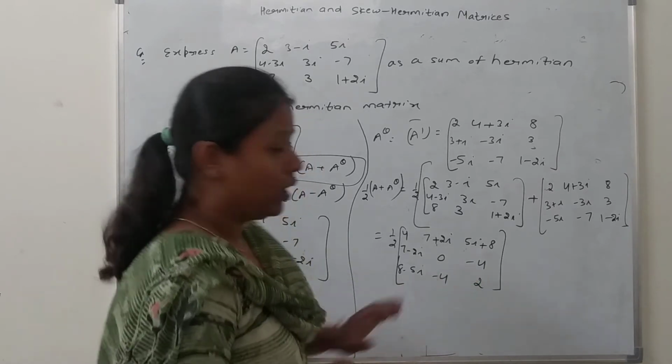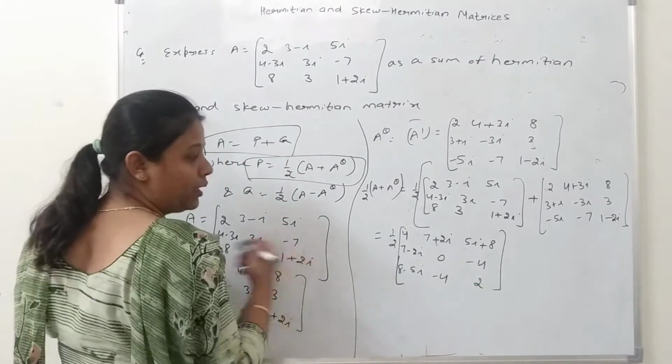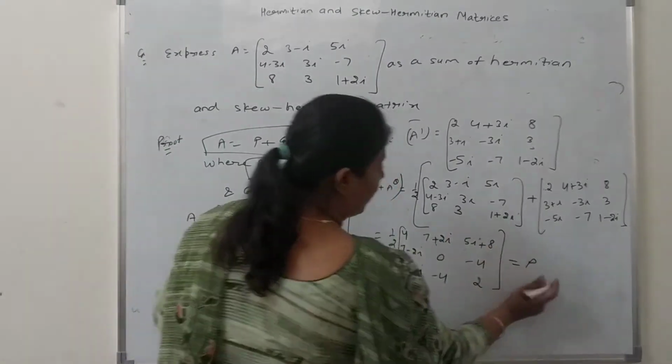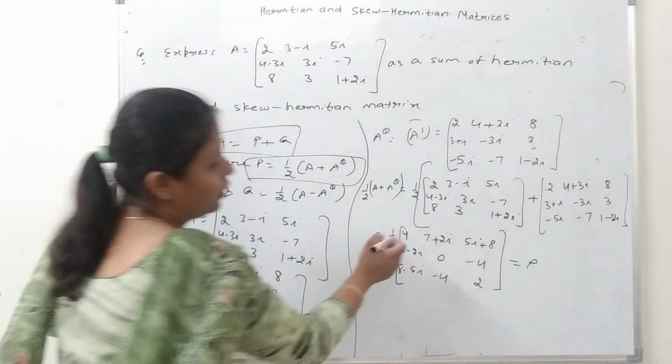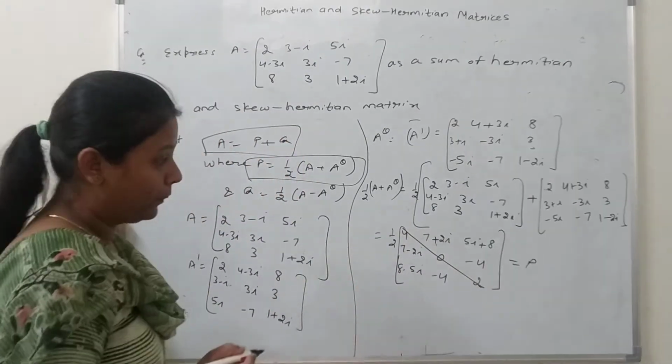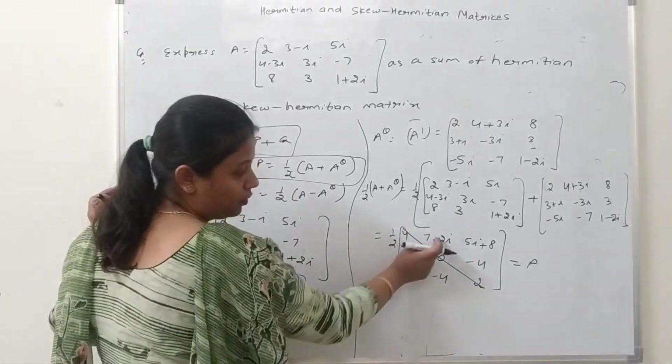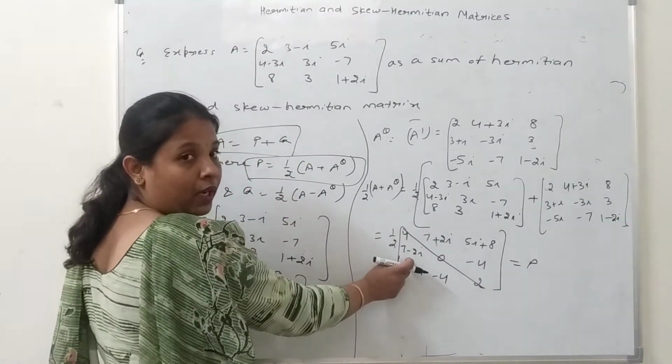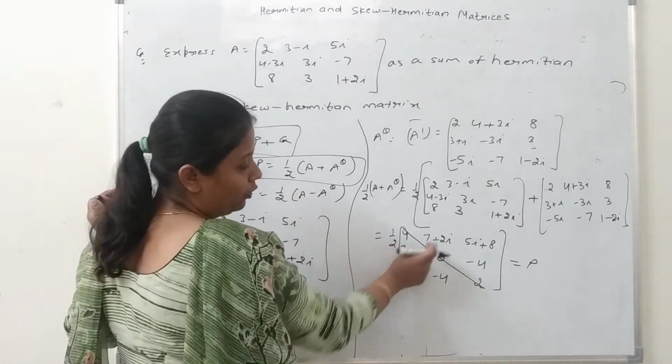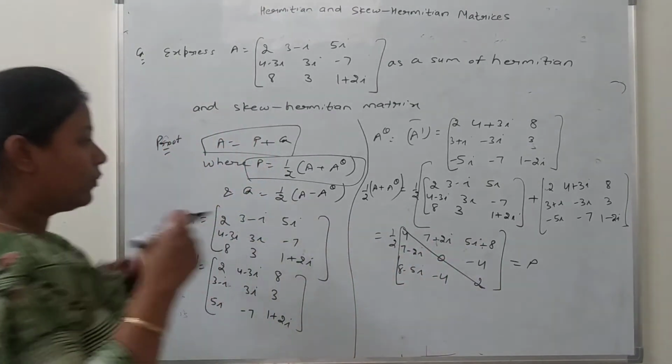You can check, this is equal to P. We have taken P, and P is a Hermitian matrix. You can check, the diagonal elements are all real, and this is the conjugate of this. I have told you, they will be equal, and they will be equal to the conjugate of this. So it is a Hermitian matrix.